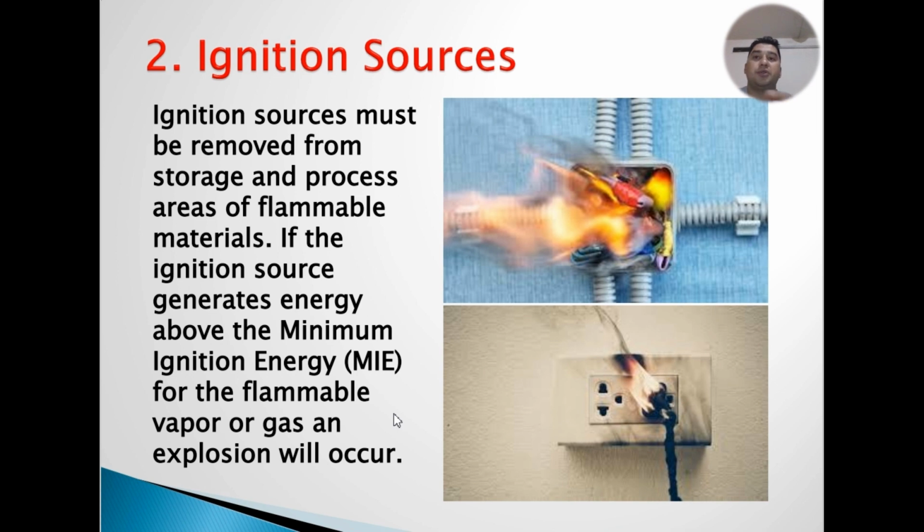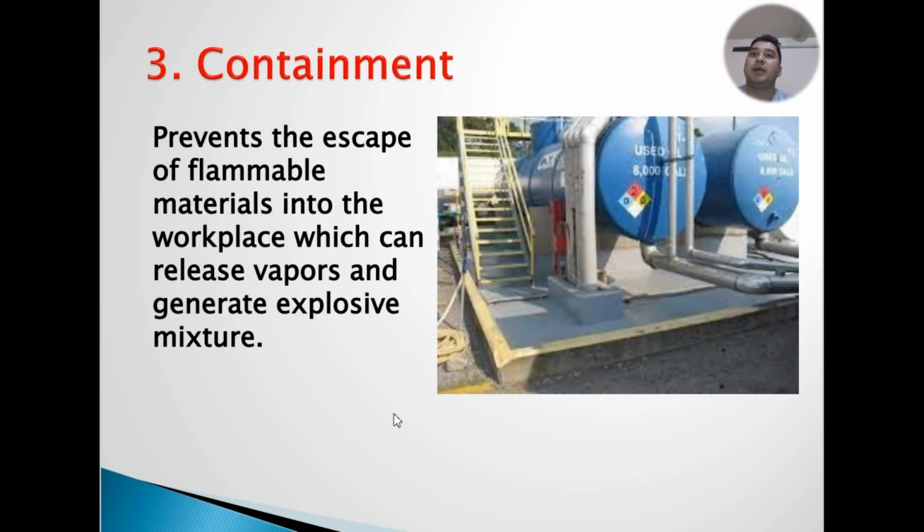If the ignition sources generate energy above the minimum ignition energy for the flammable vapor or gas, an explosion will occur. So we have to remove the ignition sources completely. First of all, we have to check what the ignition sources are, and step by step we have to control them and remove them.